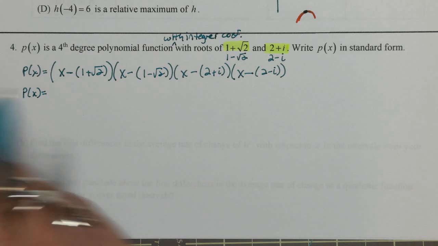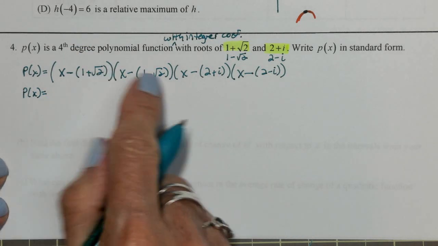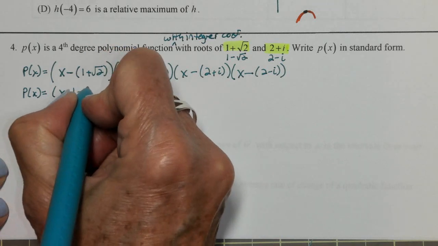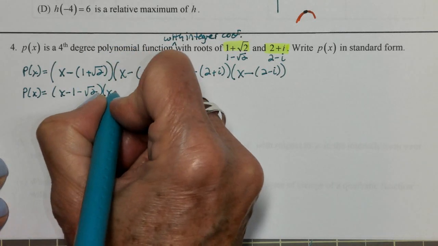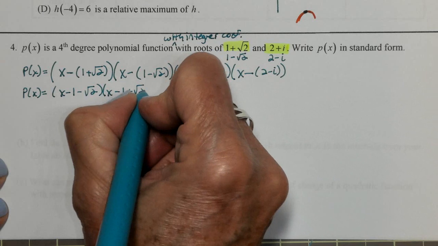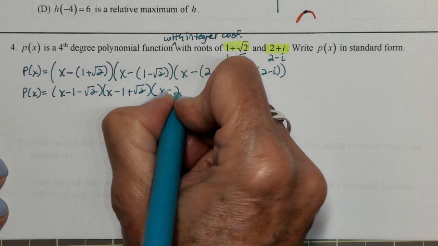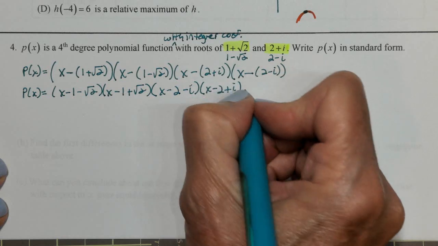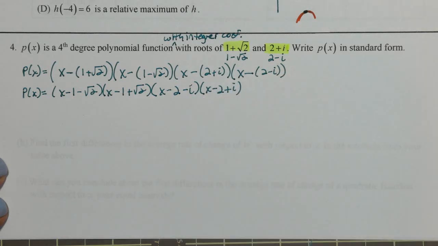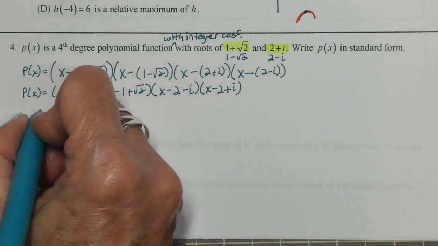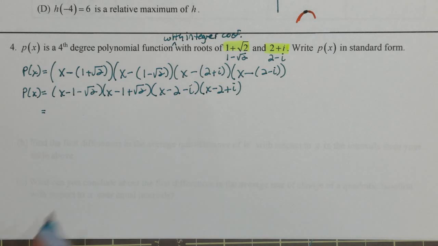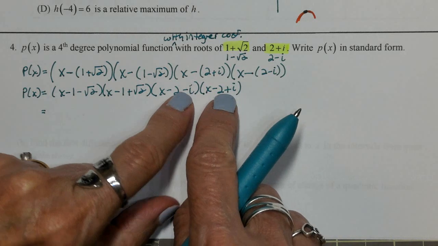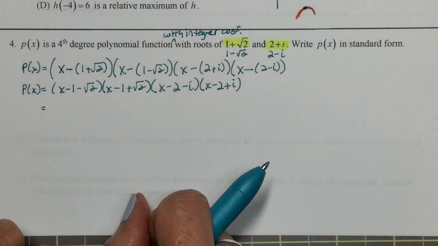So let's just get going. First, I'm going to remove these parentheses in each of these. So I'm going to have x minus 1 minus square root 2, x minus 1 plus square root 2, x minus 2 minus i, x minus 2 plus i, just distributing that minus in there. And now I'm going to start multiplying. I'm going to multiply these two together, I'm going to multiply these two together, and then I'll multiply what I get together.